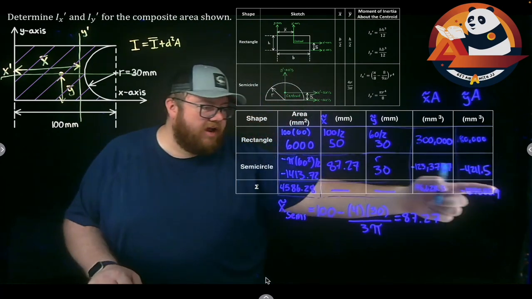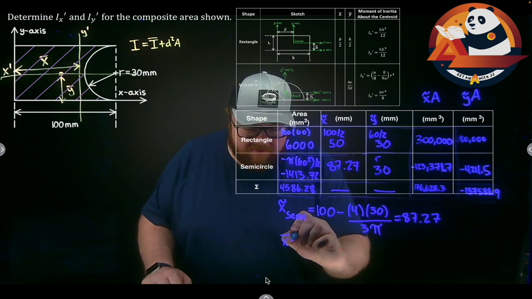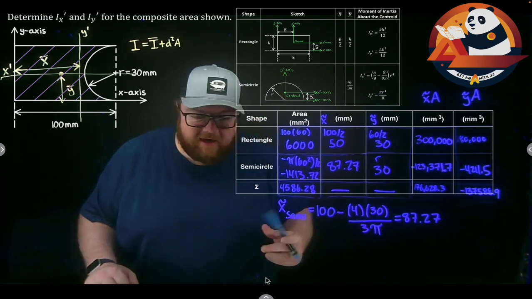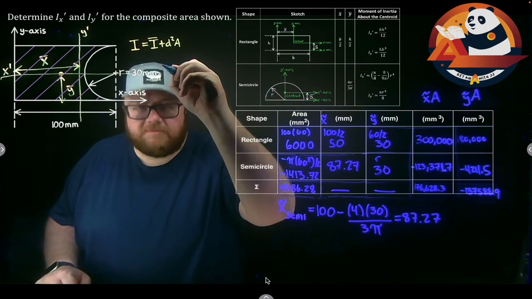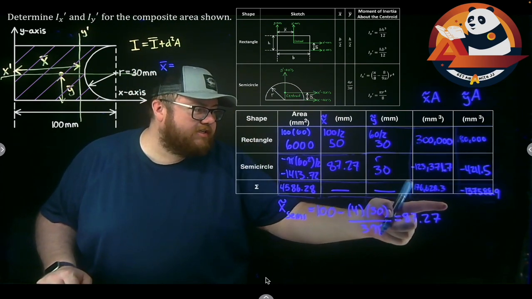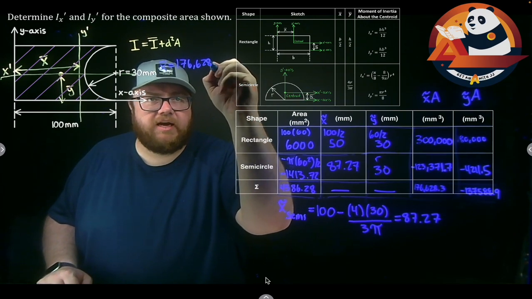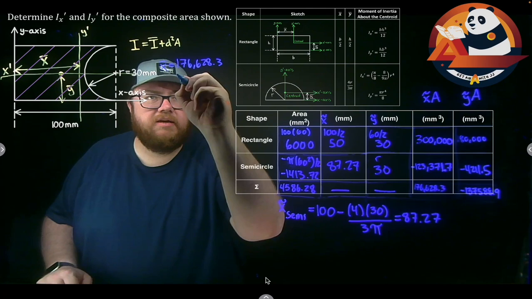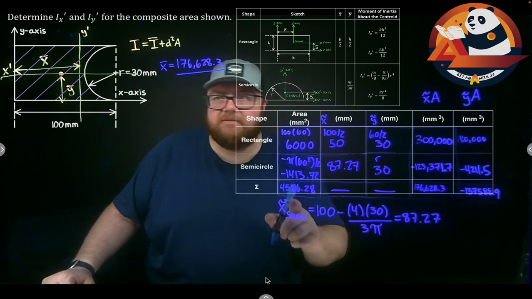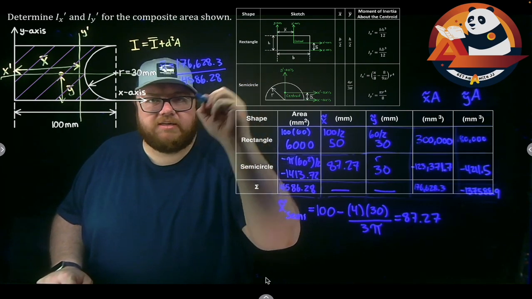I have everything I need to get my centroid locations. So my x bar should be the sum. Let's actually move this up here and use space a little bit better. My x bar calculation: x bar should be the sum of my x tilde a, 176,628.3, divided by my total area, 4586.28.